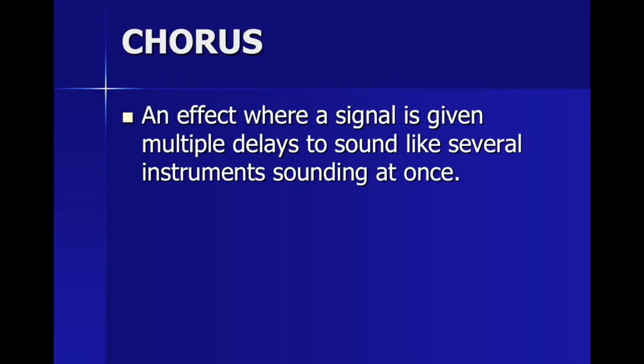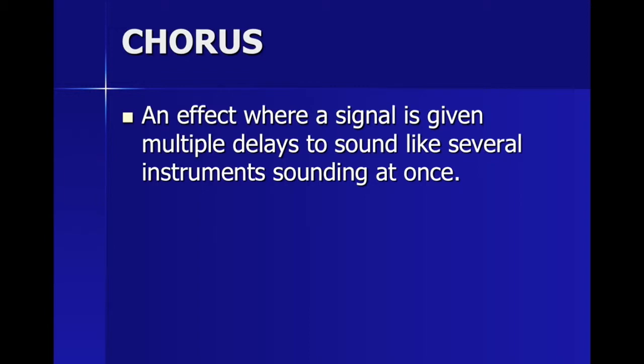So we're going to start by talking about chorus. As we've already talked about, chorus is an effect that makes it sound like a lot of instruments sounding together. This is done by taking the original signal and splitting it into at least one, but sometimes multiple delay lines, and each of those delay lines is modulated with a low-frequency oscillator to change the delay time.